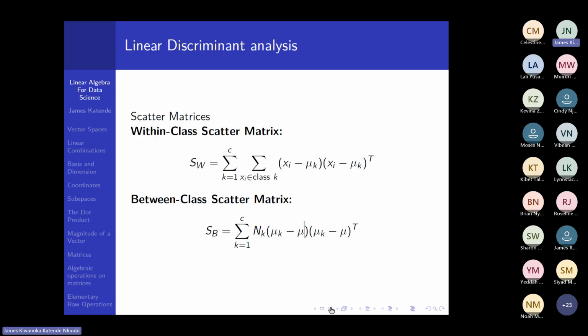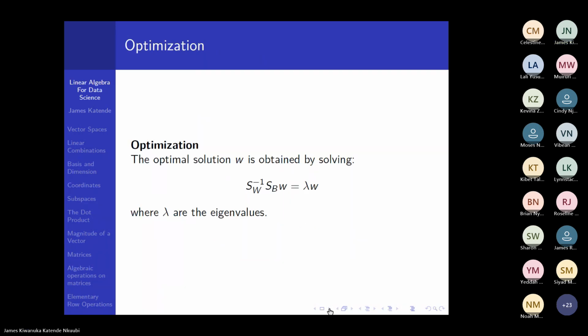So luckily there is a solution to this problem that is simple. Once you have these 2 matrices, you can find a solution as follows. There's the inverse of the within cluster matrix multiplied by the between cluster matrix. So this product, once you have it, you will look for the eigenvectors.